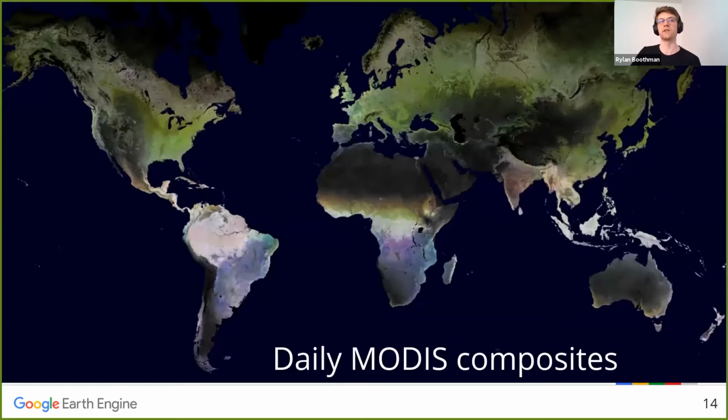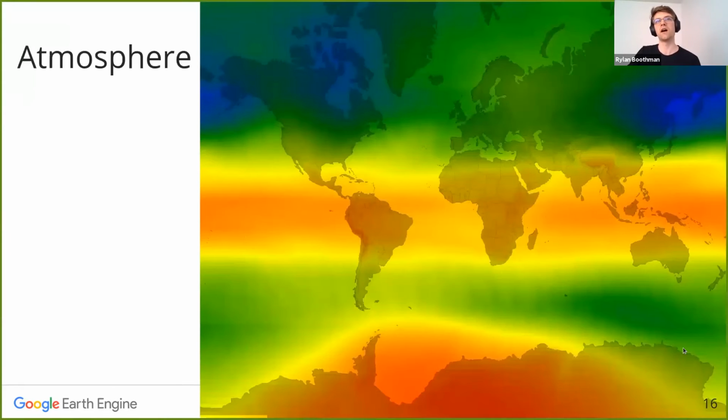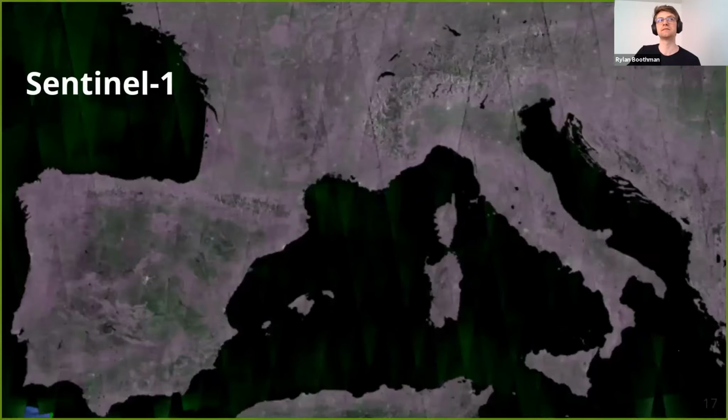So there are daily MODIS composites, which provides an image of everywhere on the Earth every day, but at really low spatial resolution. There's terrain data if you need access to elevation or slope. There's atmospheric data. There's Sentinel-1, which is synthetic aperture radar, which has the ability to see through clouds. And if Africa, who's another PhD student in Jeff's lab, were here, she's a SAR expert. If she were here, she would have a lot more to say about this than me.